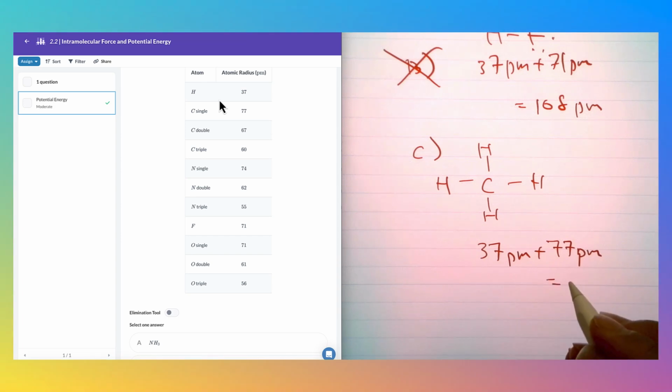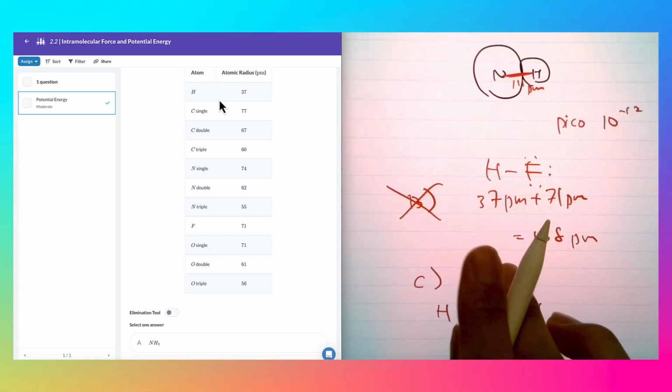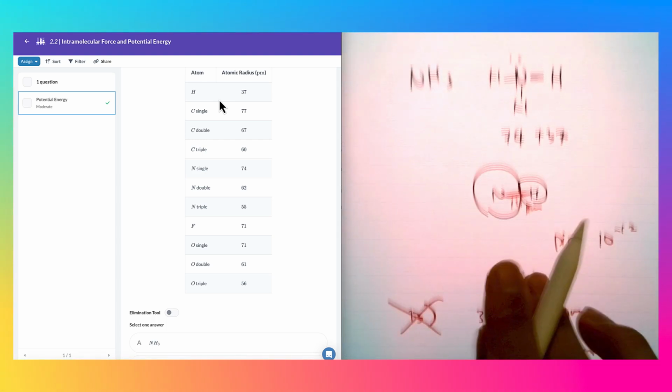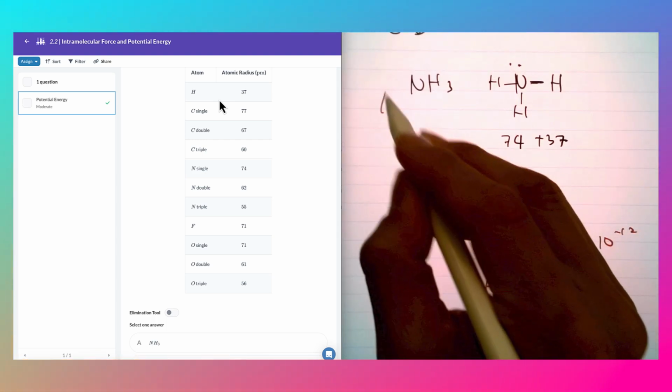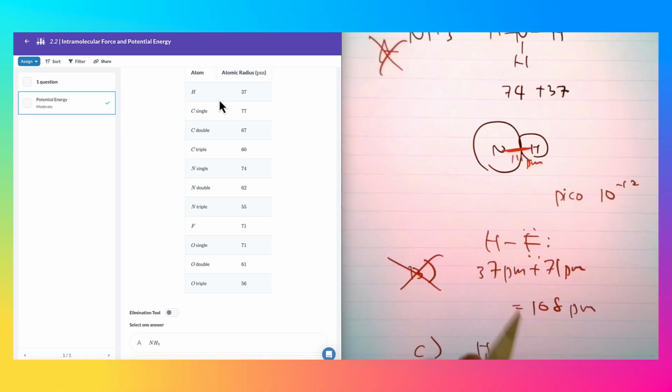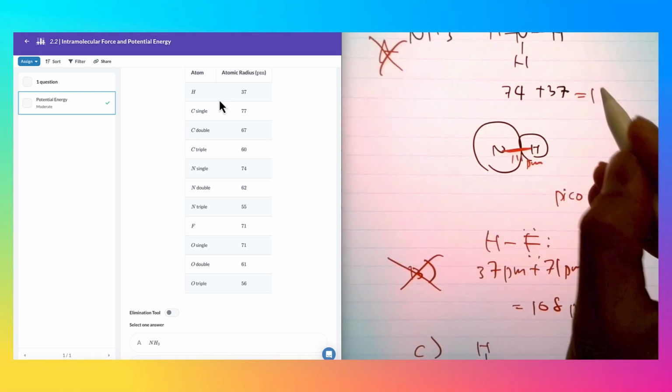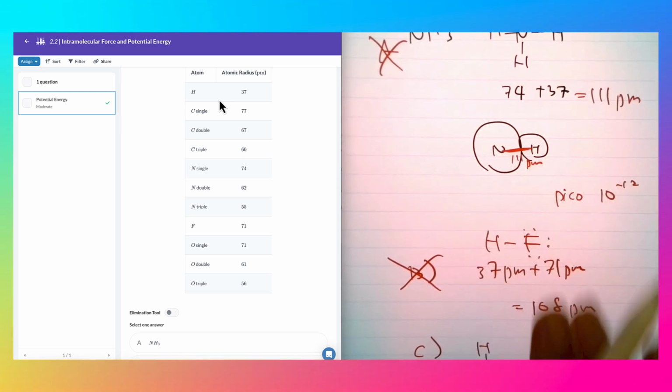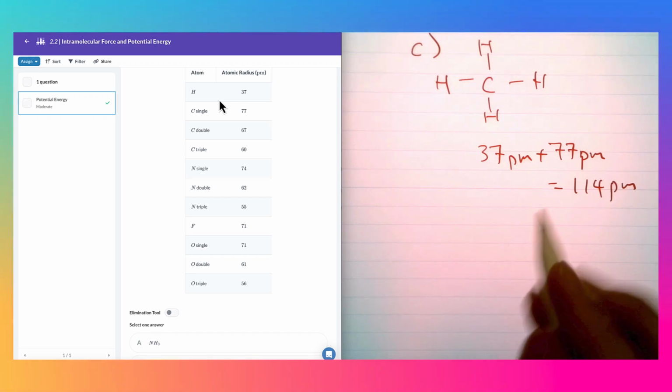When you add this up, you get 114 picometer. So far this is larger length. We can eliminate choice A. Because here we got 111. Okay, so the choice C so far is the largest.